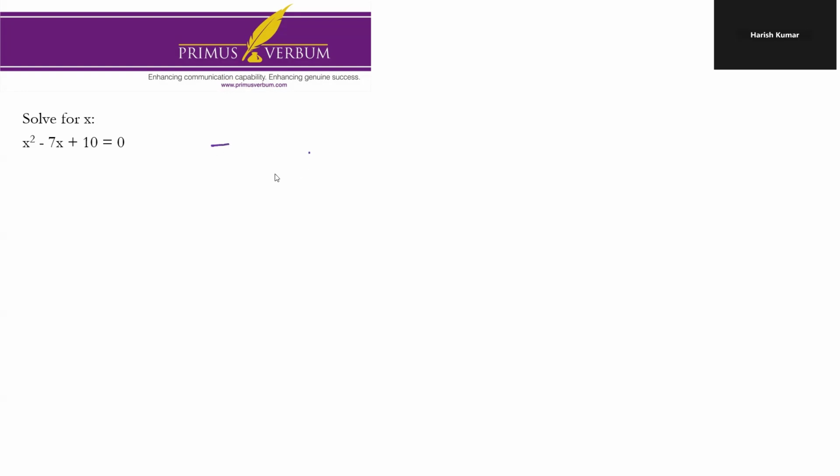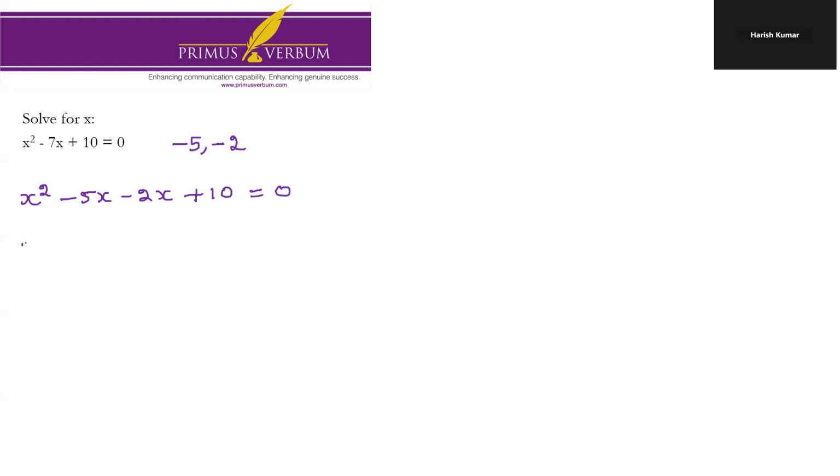Okay, so I can rewrite this quadratic like this: x square minus 5x minus 2x. They add up to minus 7x. And then minus 5 into minus 2, they multiply to give plus 10.